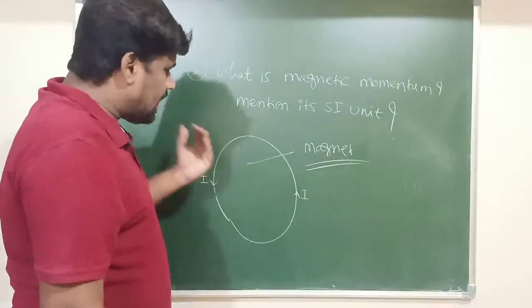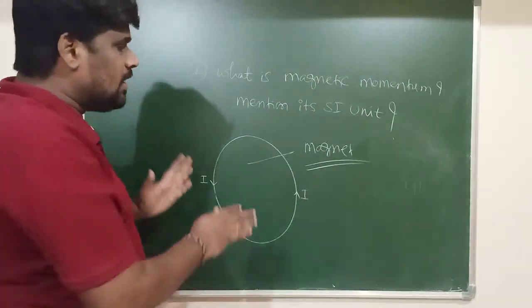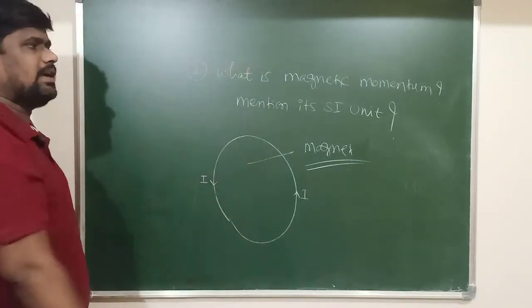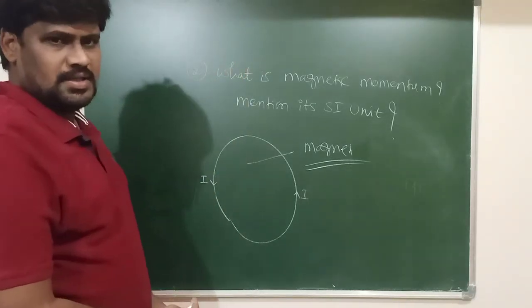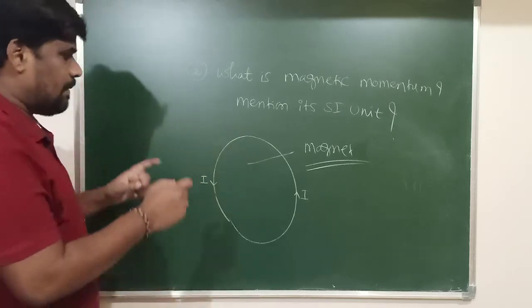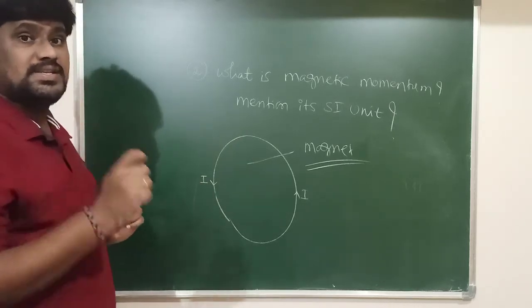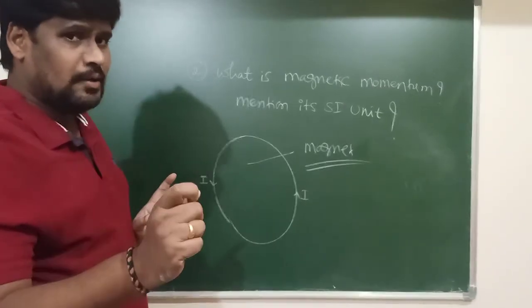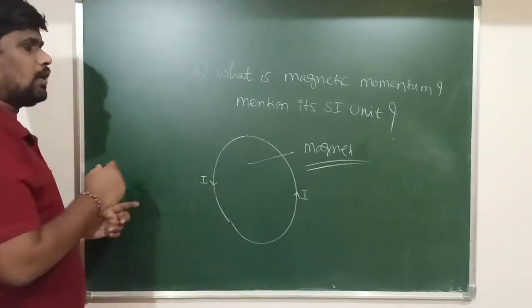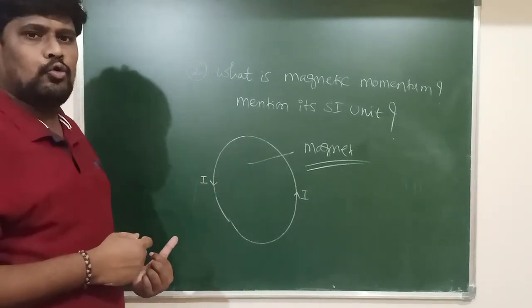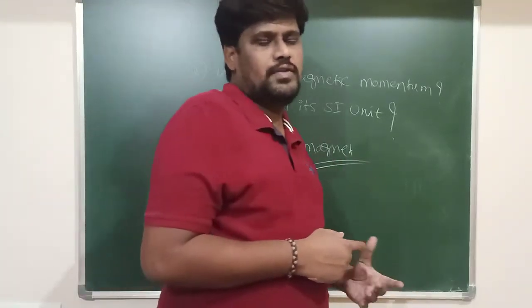When it behaves as a magnet, definitely it should have the property called magnetic moment. Then what is magnetic moment? The magnetic moment is the product of current in a loop and area of the loop.